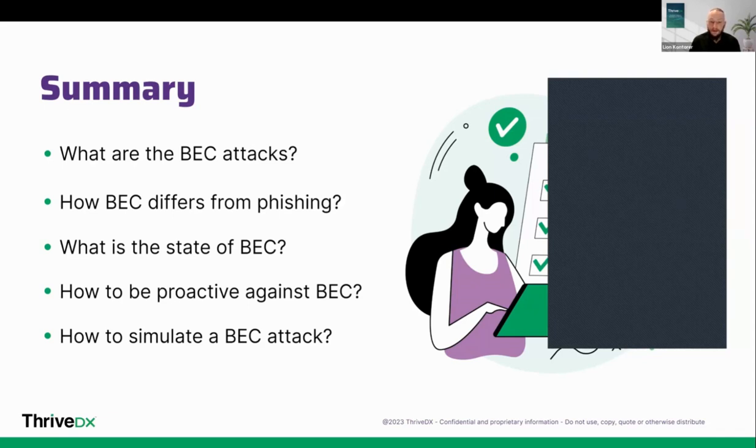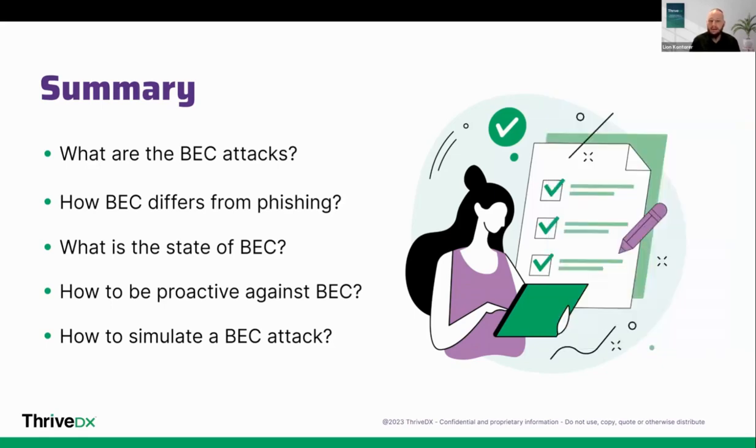As to what business email compromise attacks are, we discussed it and understood that those are impersonations that rely on trust in order to make us perform an action. We discussed that business email compromise is different from phishing because it would normally not ask for credentials, but would ask for action. But this does not mean we can't use the same context for training.